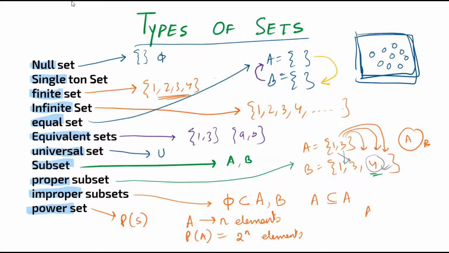So let's say A is equal to {1}, then P of A will have 2 elements, that is {1} and the null element, that is phi, right? So this is how the sets are defined. So these are the different types of sets which we generally study in set theory in mathematics.